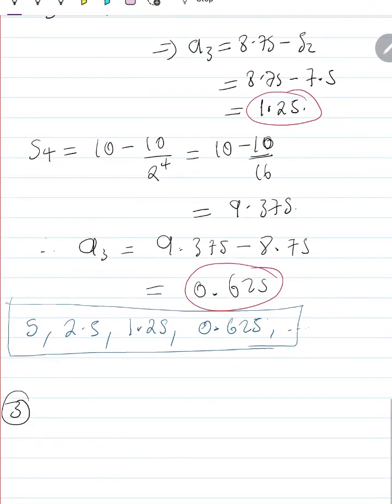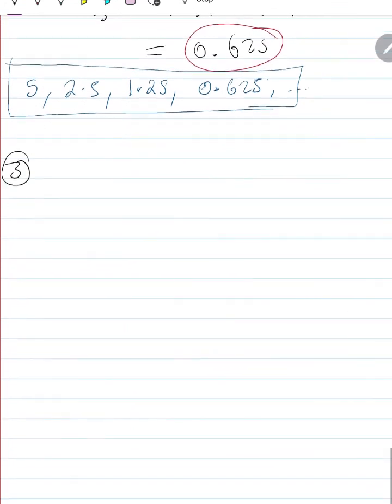Number 3. So number 3, the first part, part A says solve 2x squared plus 3x minus 7 is equal to 0, giving your answer correct to 2 decimal places. All right, so this is very simple.